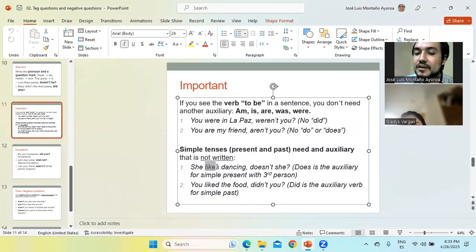The rule for simple tenses, Gladys, is that you don't see the auxiliary, but you always have to keep in mind that the auxiliaries are do and does or did. In 90% of the cases, you don't see the auxiliary in affirmative sentences.